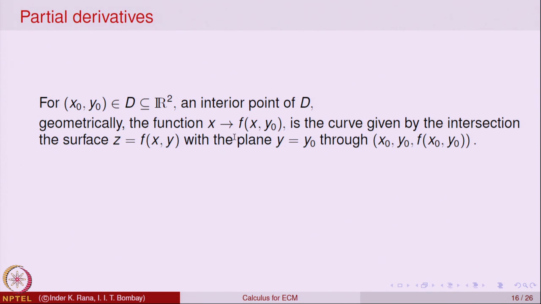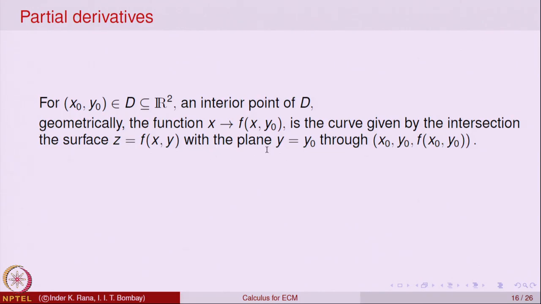So, x goes to f of x, y naught is an image point for the function, so it is a point on the surface. As x varies, this gives you a curve on the surface.